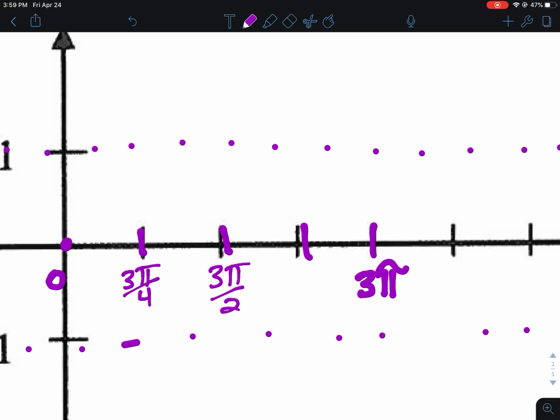And between 1.5 and 3 is 1.5 plus 0.75, right? Or that would give me 2.25 pi, which would be 7 pi over 4.